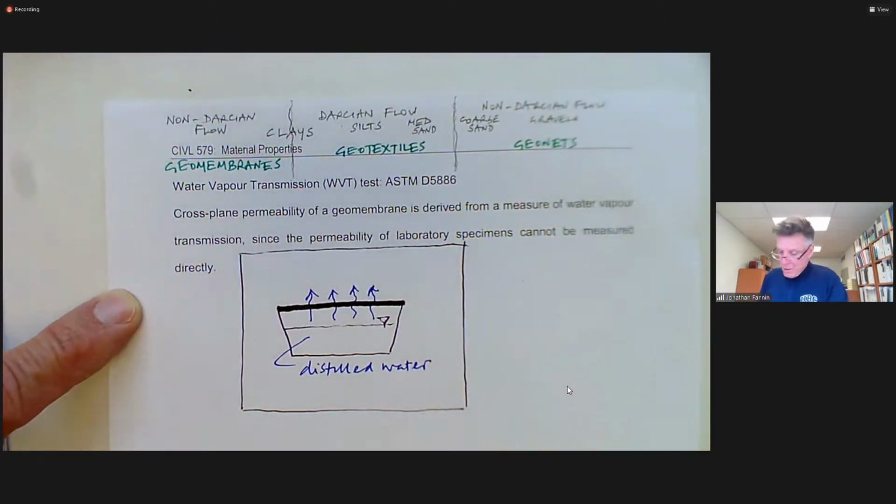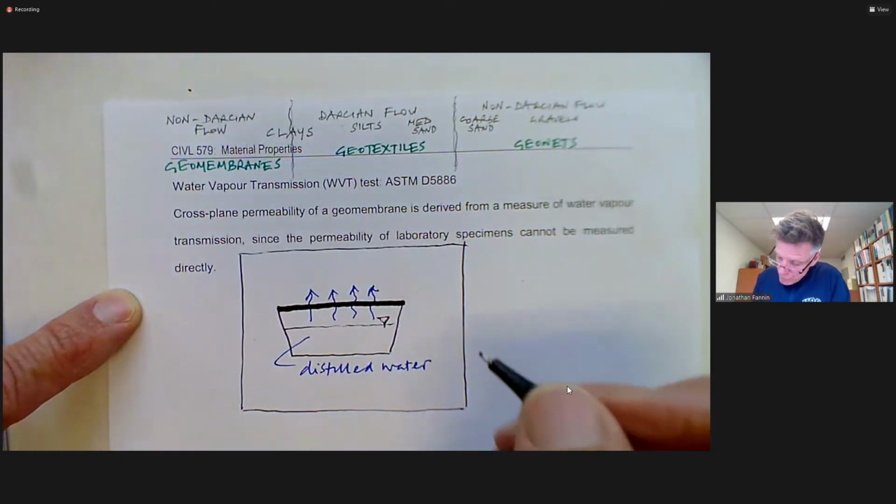Let's argue there's the chamber, and the chamber has controlled humidity.